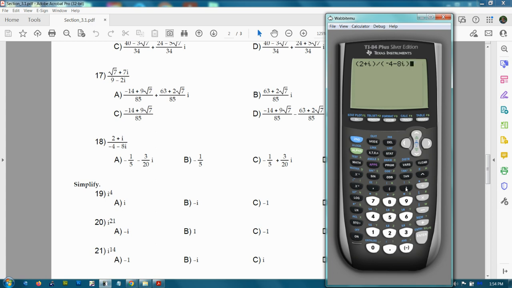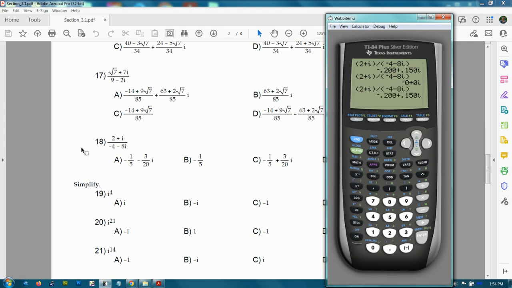Close this up, take a look at it, looks fairly good. Hit enter. If I go back to my mode and set it to 0 places, quit out of this, hit enter again, and I get 0 places. That's not going to be good. Let me go back to the 3 places that I had.